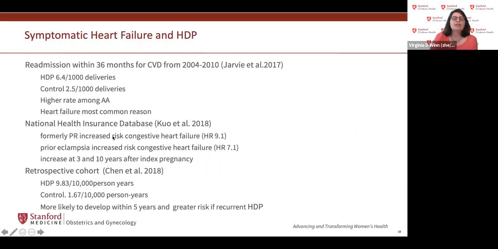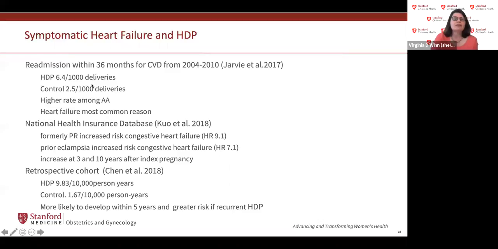So turning now to symptomatic heart failure and hypertensive disease of pregnancy, there has been a good amount of data showing an association between heart failure and hypertensive disease of pregnancy. In this paper by Jarvie et al., they looked at readmission of women after pregnancy for an admission specific to cardiovascular disease.